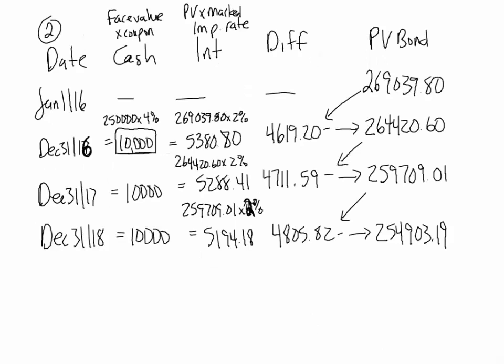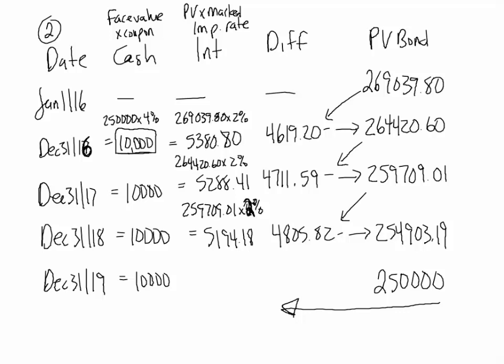What's going to happen at December 31st, 2019? We're still going to pay the $10,000. But this time, because we're at the end of the term, we have to have this equal to $250,000. So instead of multiplying the present value times 2%, we're actually going to work backwards just to make it work.